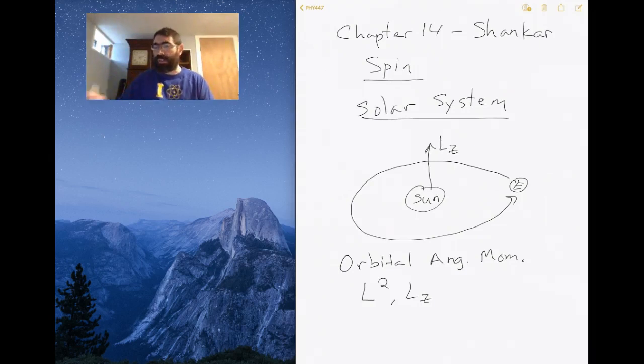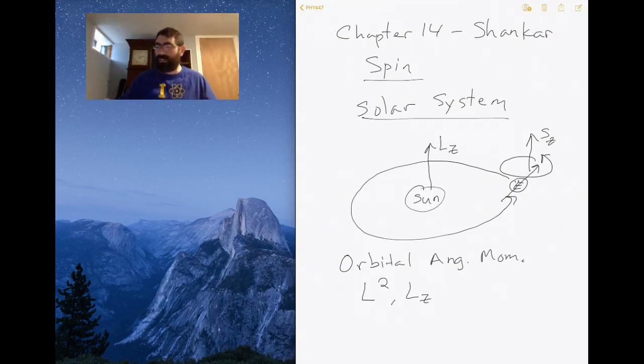So the idea of spin is that if we give a rotation to the Earth, so the Earth is now rotating on its own axis, then you would have some sort of rotational angular momentum as opposed to orbital angular momentum, which we could label as, say, SZ. And this is kind of what we would expect, that maybe the electron has its own rotation to it, giving it an extra bit of angular momentum in addition to its orbital angular momentum.